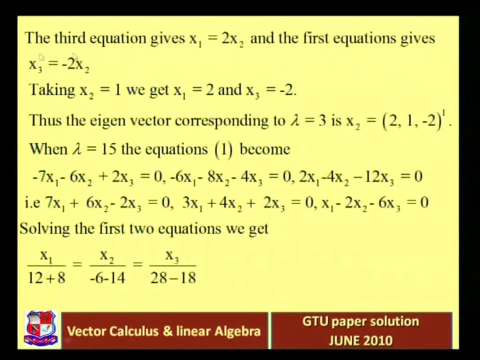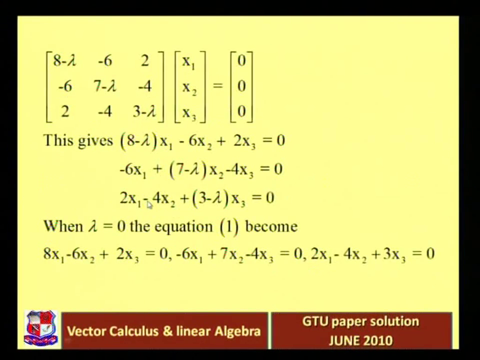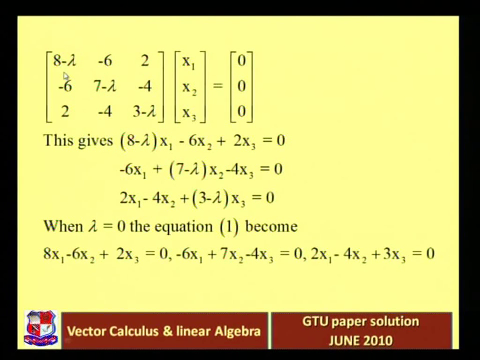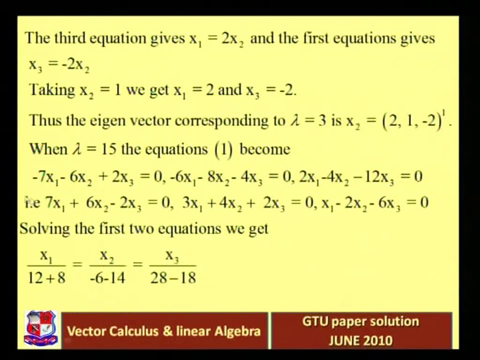Now when lambda is equal to 15, equation 1 becomes, put 15. So 8 minus 15, that is minus 7x1 minus 6x2 plus 2x3 is equal to 0, right? You can say this is our equation.